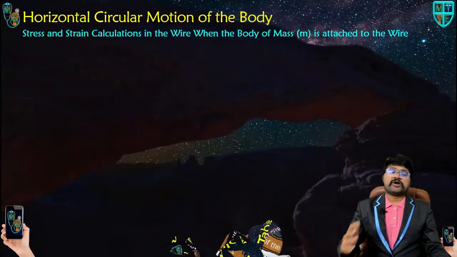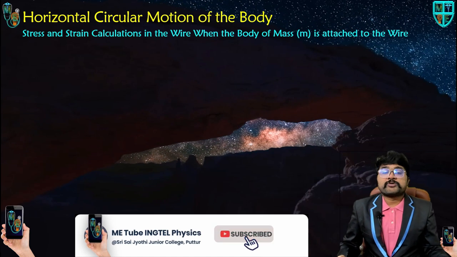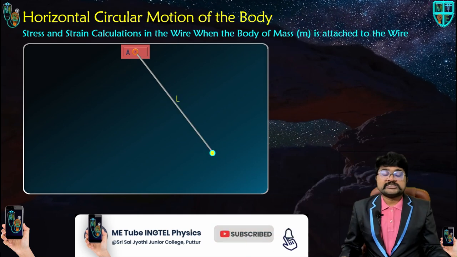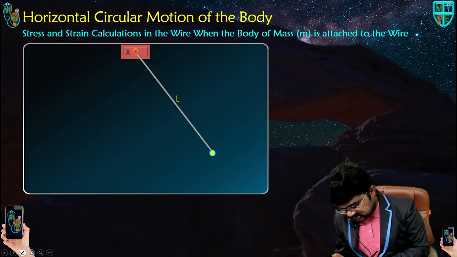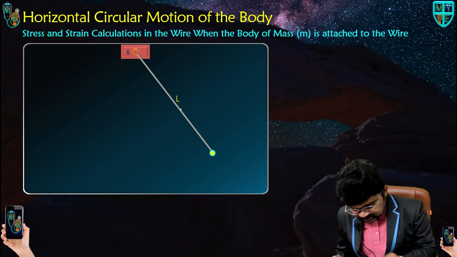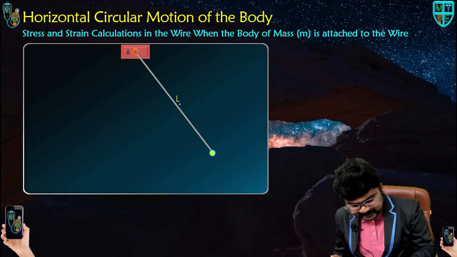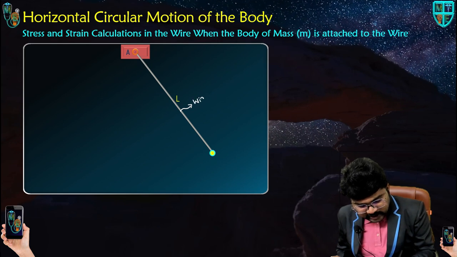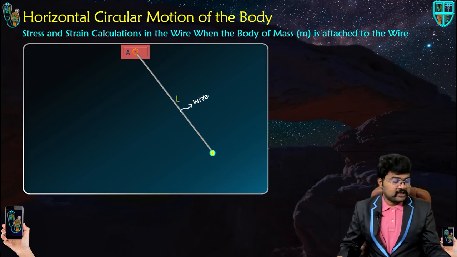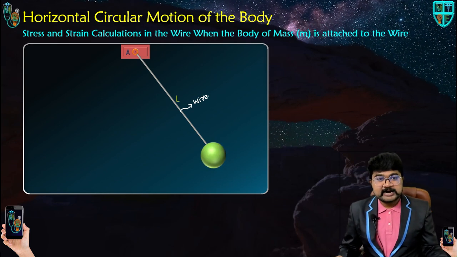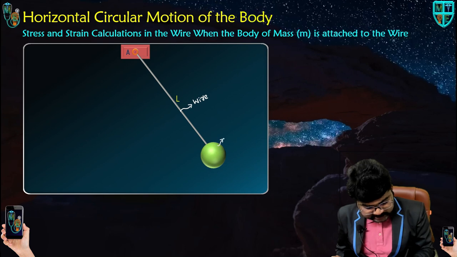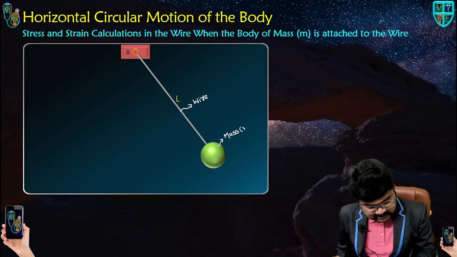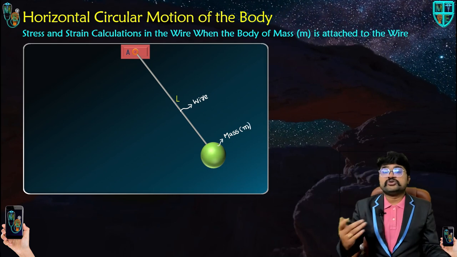Today I want to take one system and we'll see the procedure to draw the free body diagram. See here, this is the wire, a wire of length L. A body of mass m is attached to the wire.